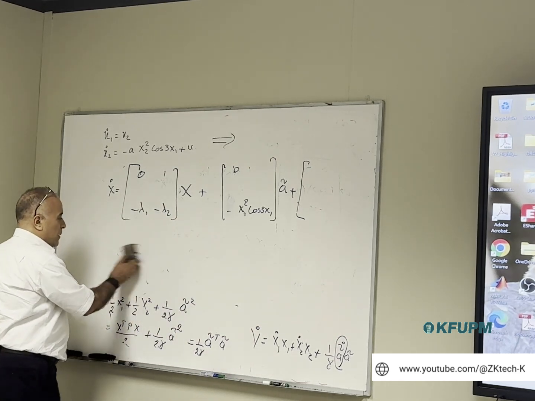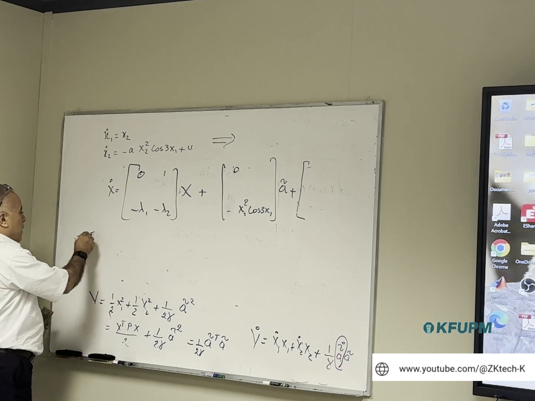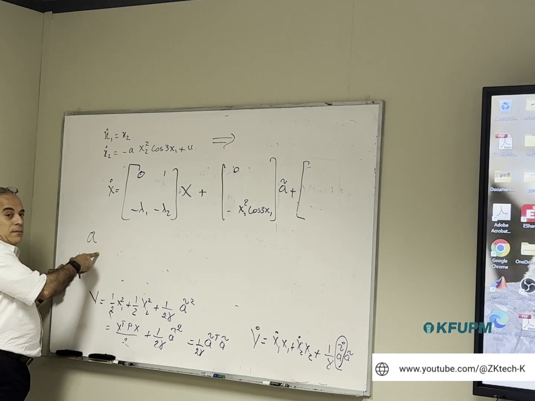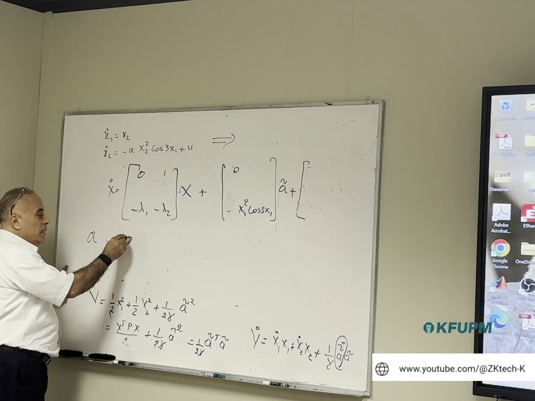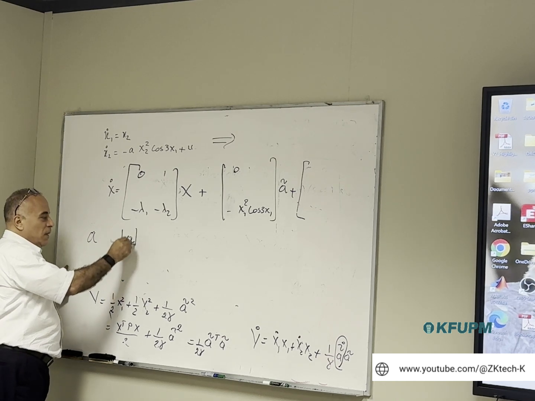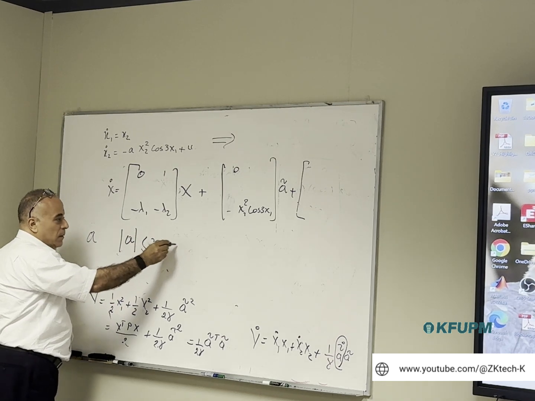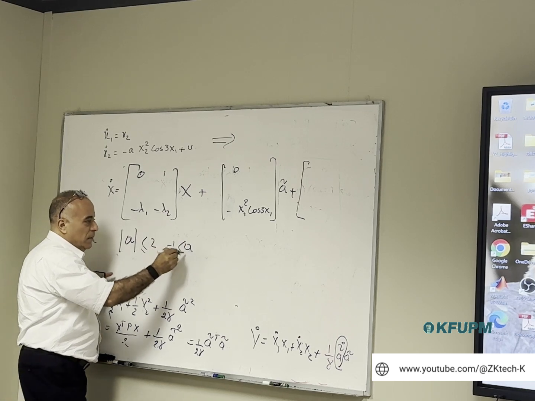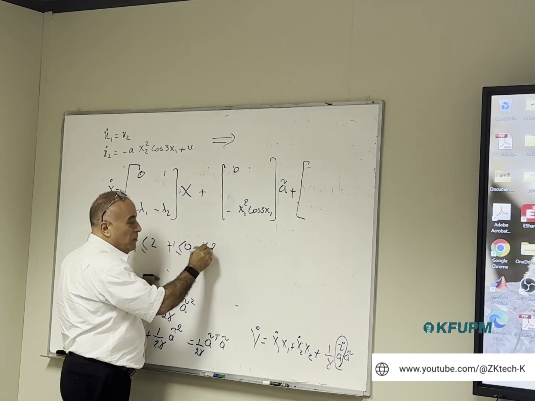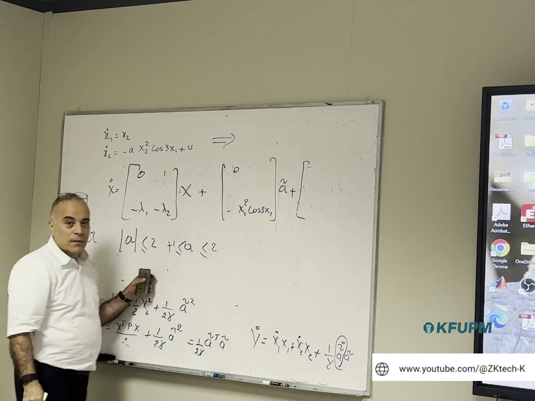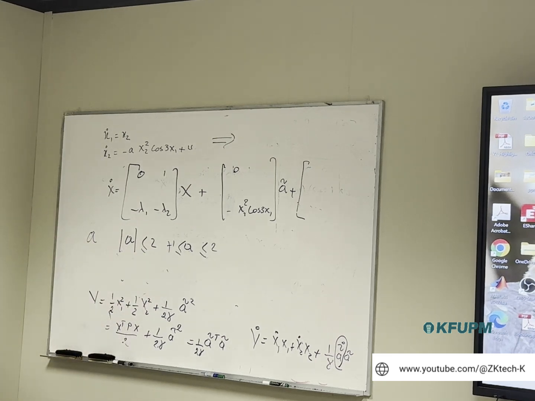What if the problem says A is not known, but I know that A is bounded? Either the absolute value of A is less than 2, or A is between -1 and 2, or -1 and -2, or whatever. So what controller are we going to use? Lyapunov along with the first sliding mode. Sliding mode, yes.